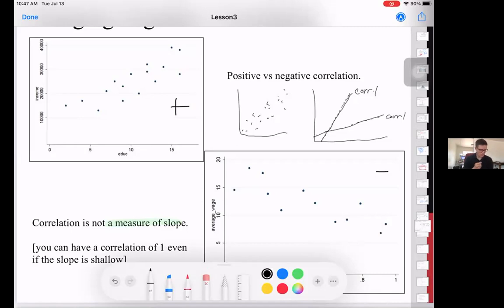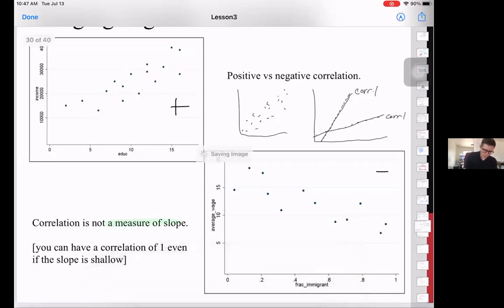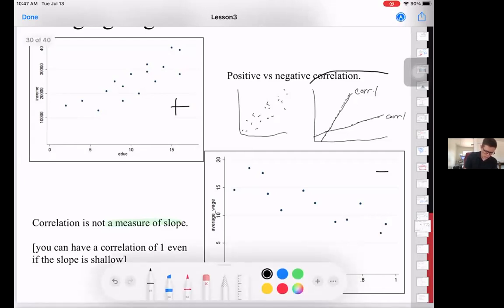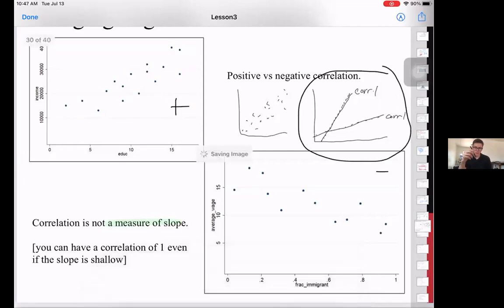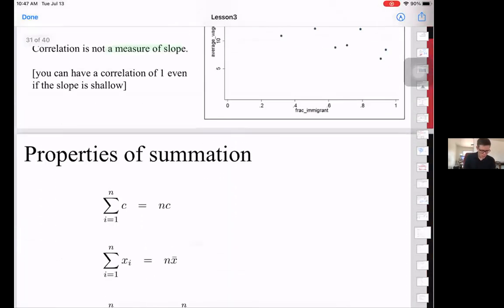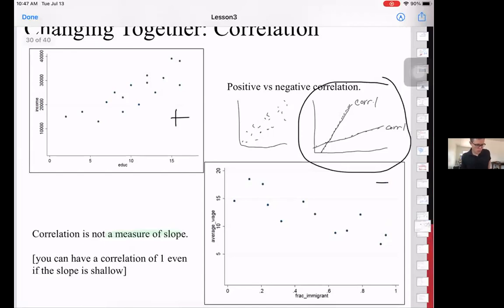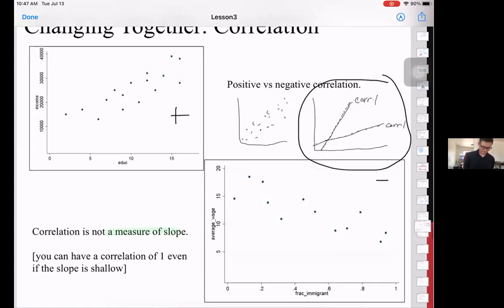You can have a perfect correlation of 1, even if the slope is quite shallow. That's just an important thing. These 2 series right here will probably both have a correlation very close to 1, even though 1 is very steep and 1 is very shallow. Okay, so that's it for correlation and covariance, and we'll work on that in the homework today.